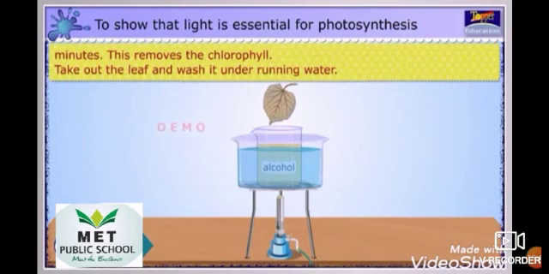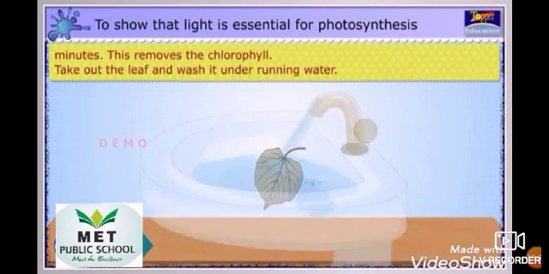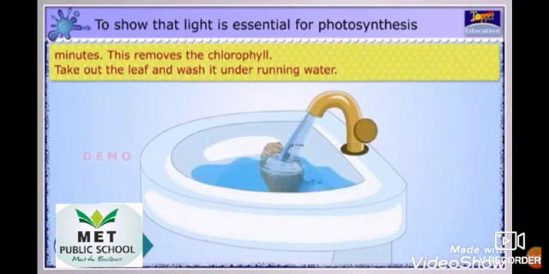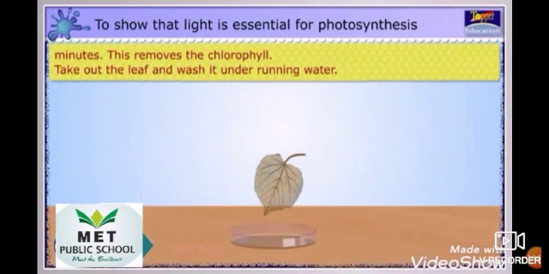So take out that leaf and wash it under running water. Running water means what? Tap water. You have to wash it very neatly, so that the alcohol content is fully removed.